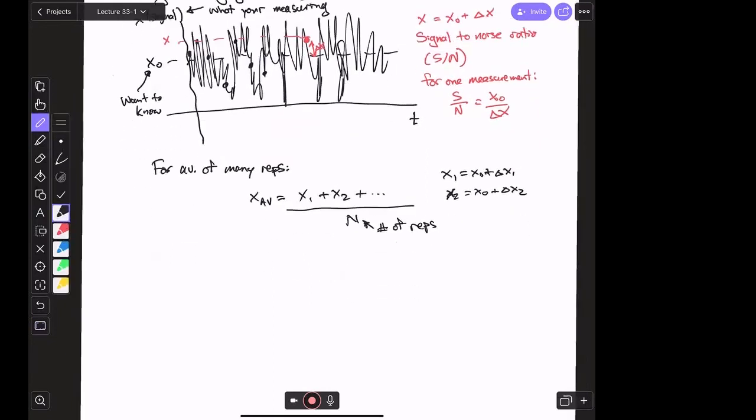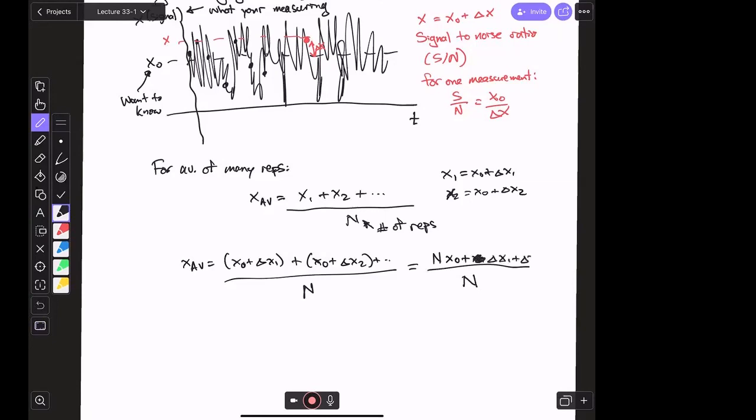So using that, I can rewrite that X av equals X naught plus delta X1 plus X naught plus delta X2, etc., divided by N. So I can factor out the common X naught values. So there are N of them. So it's N X naught plus delta X1 plus delta X2, etc.